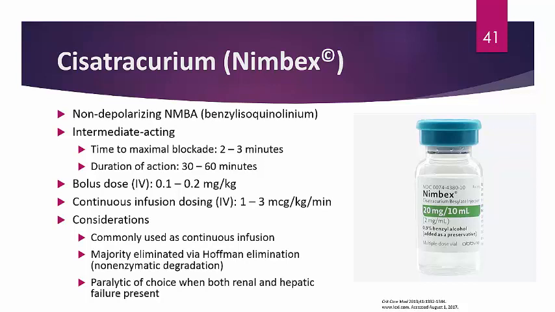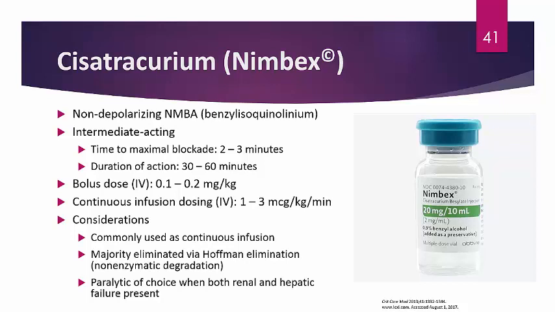One of the big reasons this is the drug of choice is that it's mainly eliminated via Hofmann elimination. What Hofmann elimination is that it's not being eliminated via the liver or the kidney. It's actually a non-enzymatic degradation of the drug in the body. And atracurium also goes through the same process, producing laudanosine metabolite.